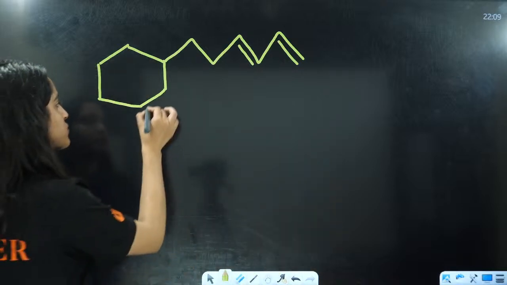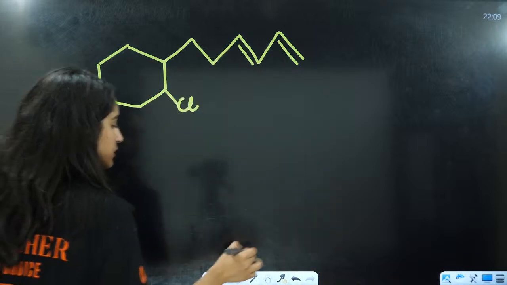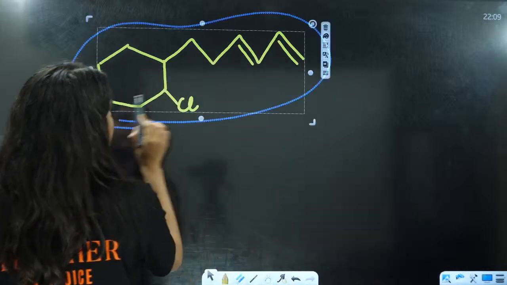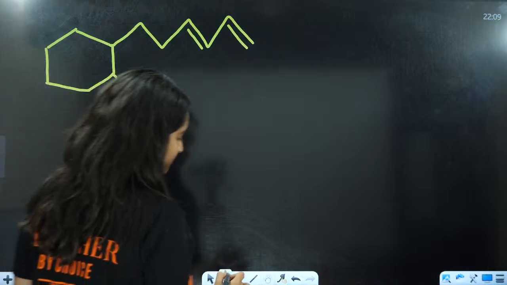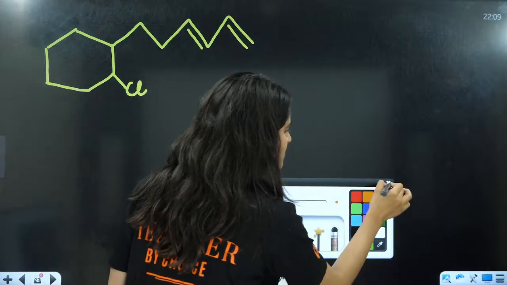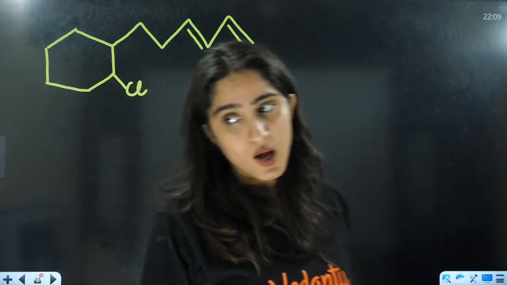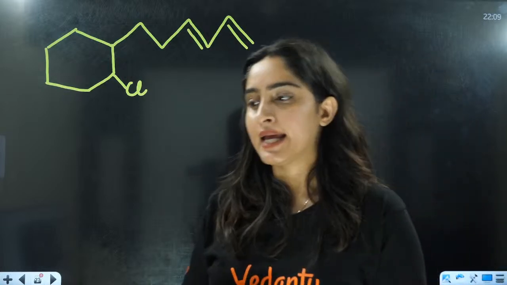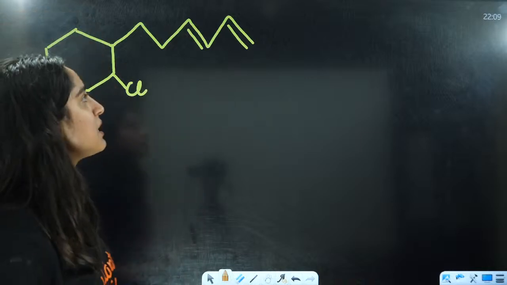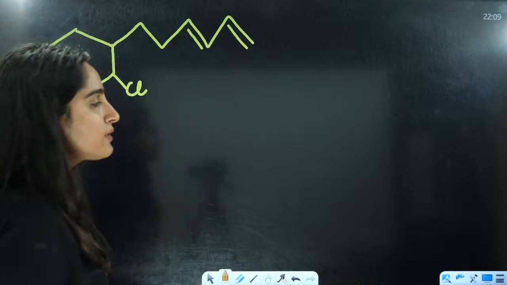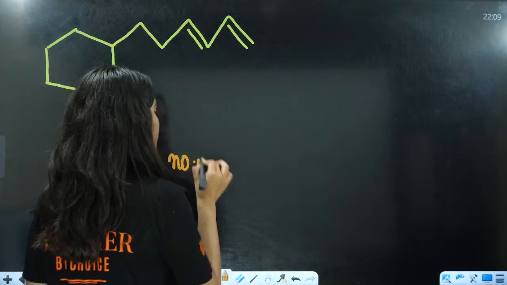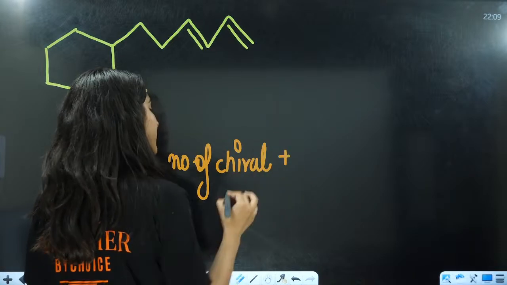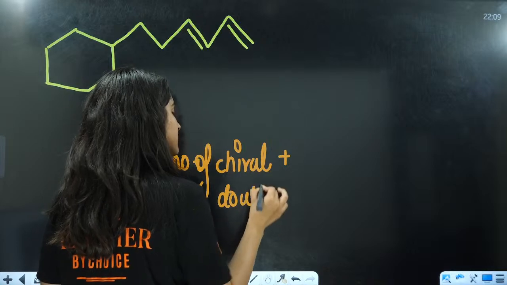What is going to be the right answer here? What is the system here? In the system, we calculate the number of chiral centers plus the double bonds.